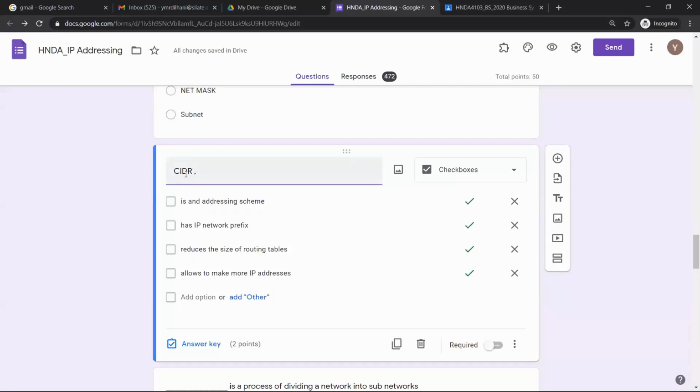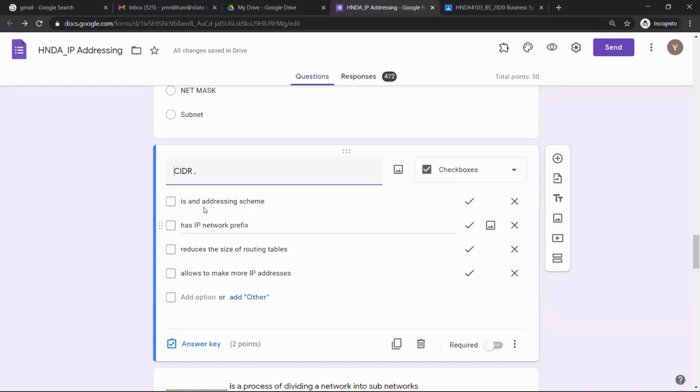And the purpose of having CIDR is that it will reduce the size of the routing table, and it will help you to make more IP addresses. This is a kind of notation, right? We use it to define certain IP addresses. This is a specific way of defining an IP address.